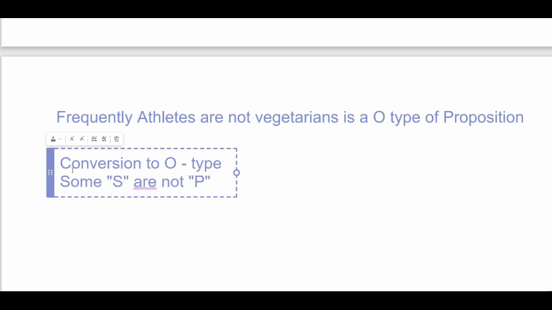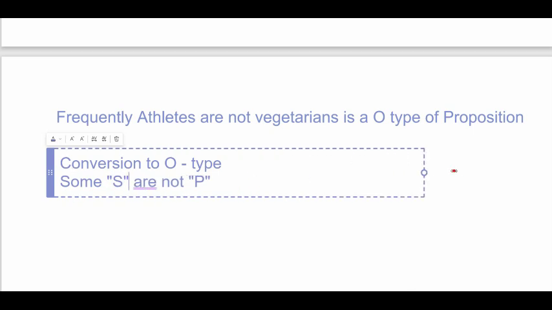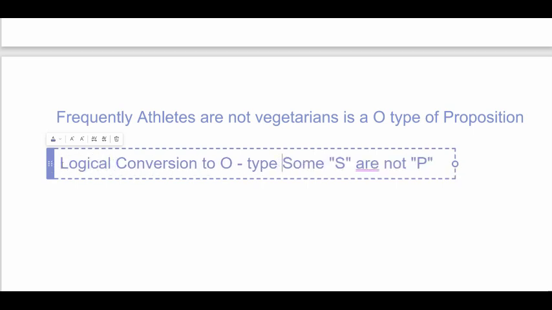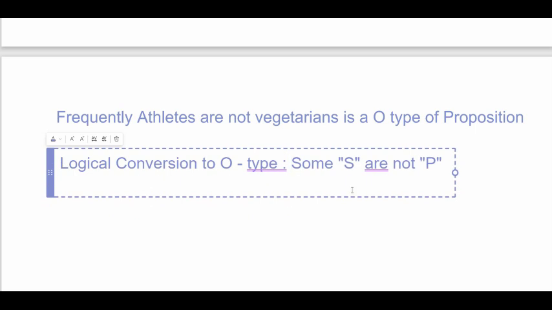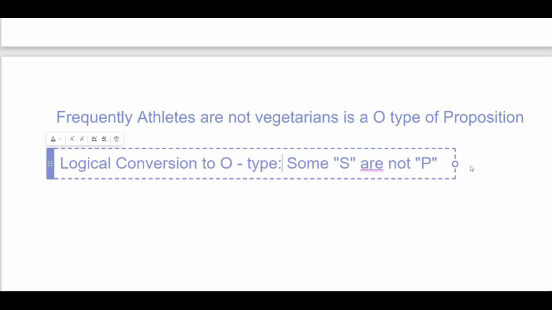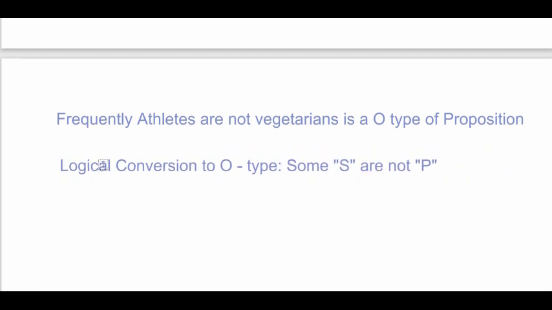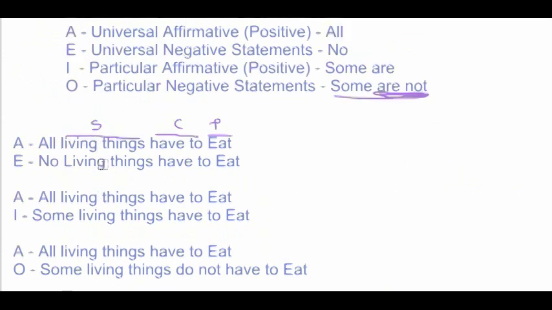Some S are not P. This is its logical conversion. This is the answer. Okay, so we got the second one also. Now we'll go on to the third one.